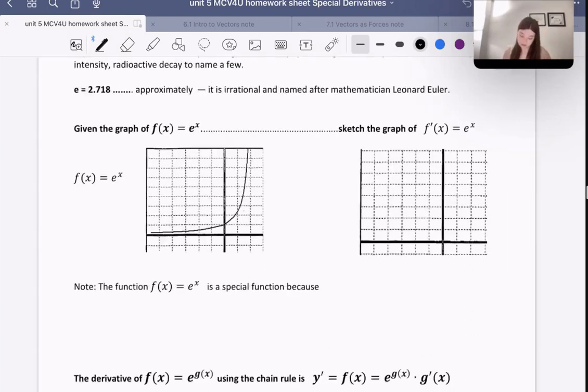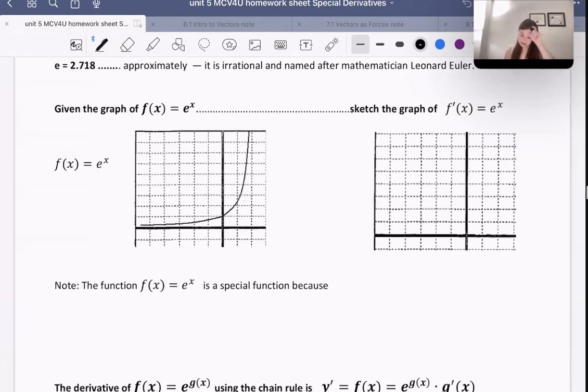So here is a graph of e to the x, and they would like us to sketch the graph of the derivative here. As a reminder, the derivative is going to be the slopes of the tangents.